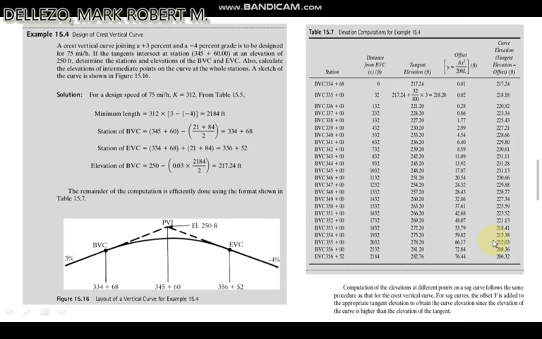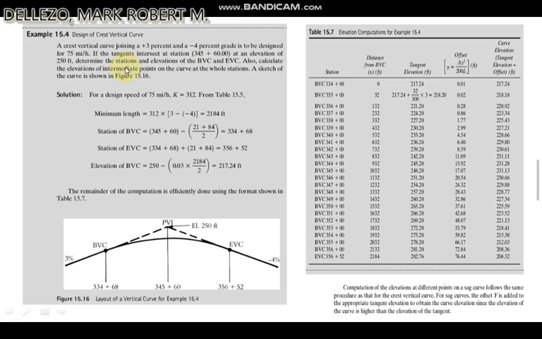So this is the example of design of these vertical curves. The problem is a crest vertical curve joining a 3% and a negative 4% grade is to be designed for 75 miles per hour, if the tangent intersects at station 345 plus 60 at an elevation of 250 feet.